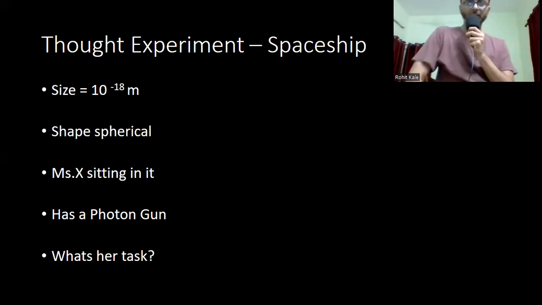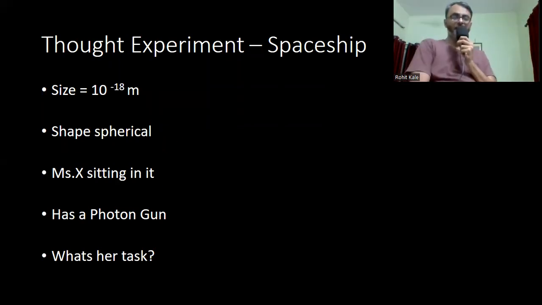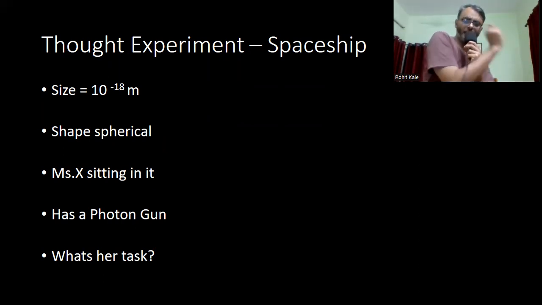Let's imagine that there is a spaceship, and this spaceship is about 10 to the power minus 18 meters, so it's basically the size of the electron. Very tiny, but it's a spaceship. So this is an electron spaceship. Basically, we think that the electron is a spaceship, and it's spherical, and Miss X is sitting inside.